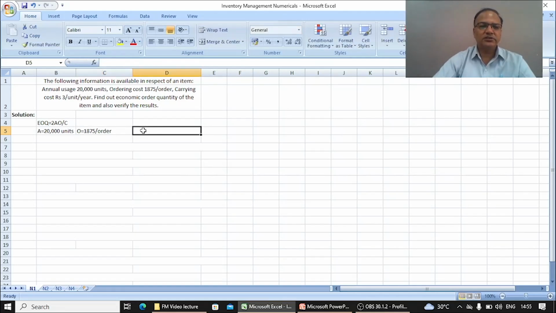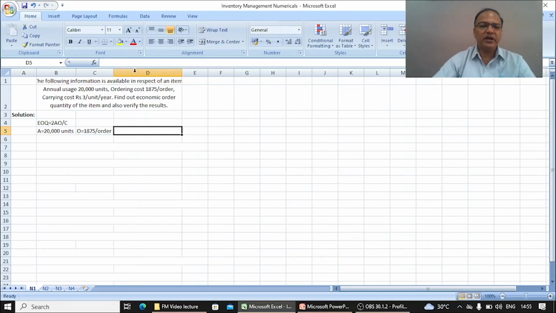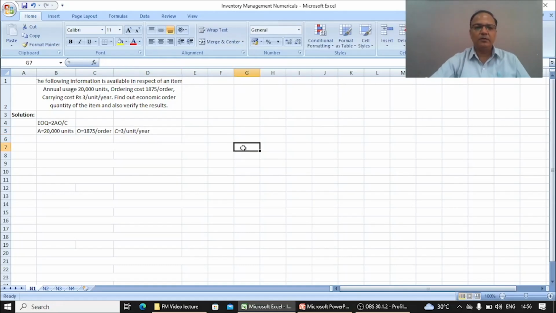Next, C. C is the carrying cost. So C is equal to rupees 3 per unit per year.